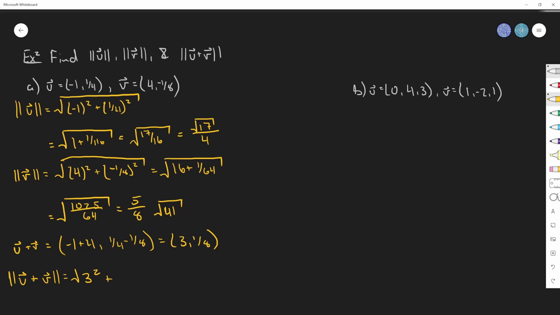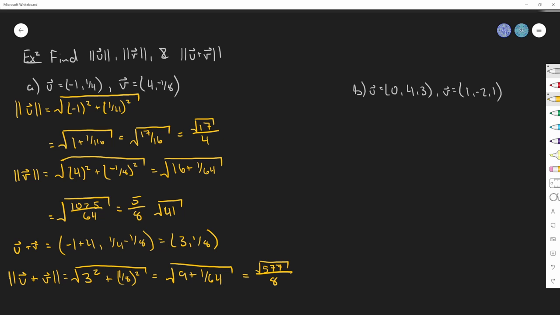So the magnitude of u plus v is equal to the square root of 3 squared plus 1/8 quantity squared. Get the square root of 9 plus 1/64. So 9 times 64 is 577. 577 should be a prime number, so our final answer should be the square root of 577 divided by 8.